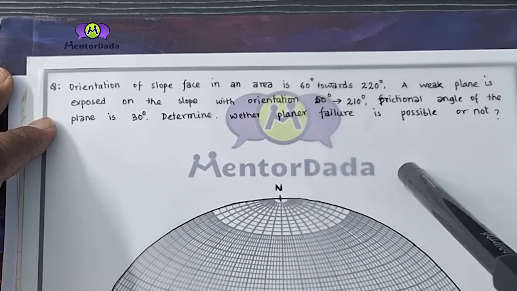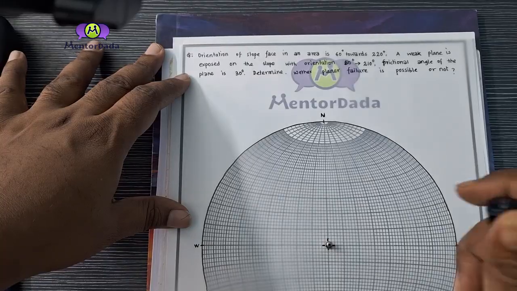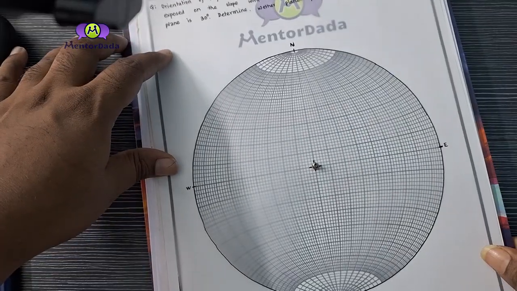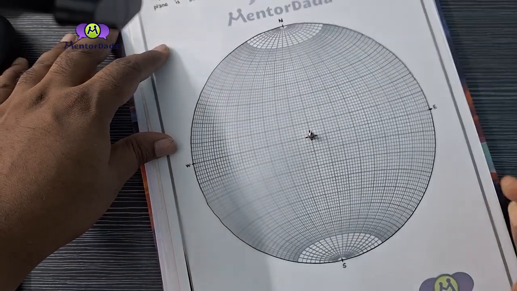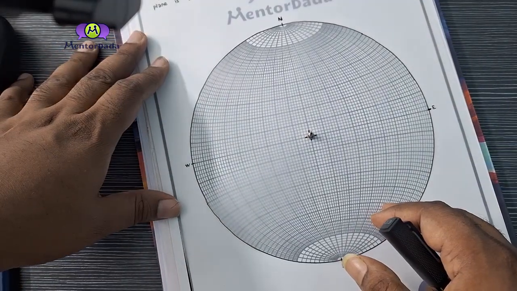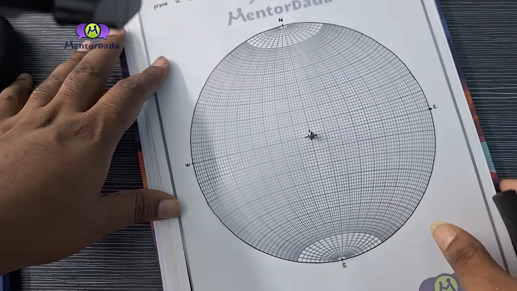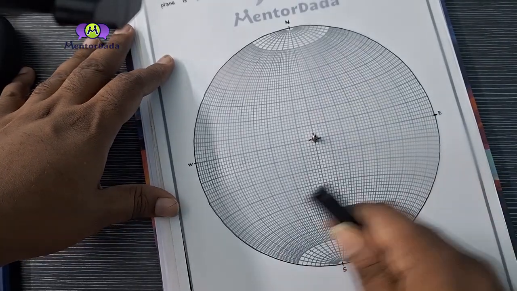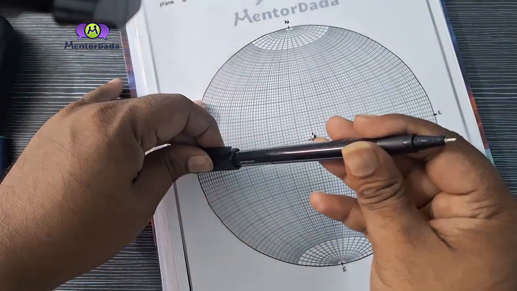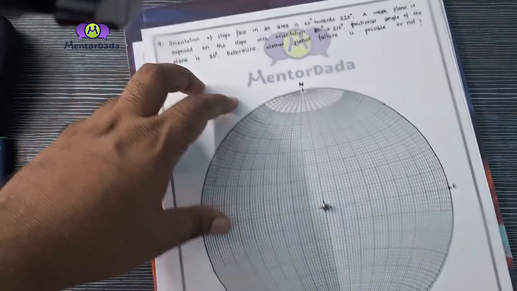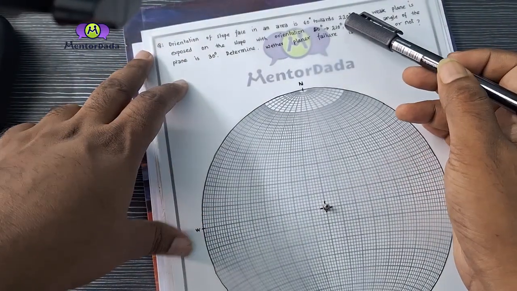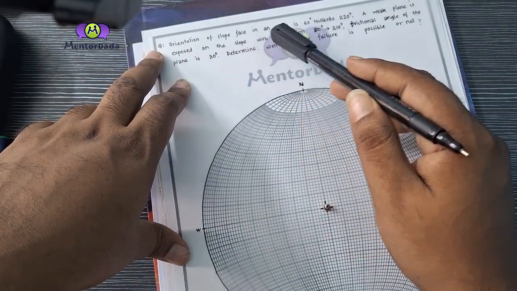Okay, so this is a very simple question. How do we solve it using the stereographic projection? First of all, we need to draw this slope face.